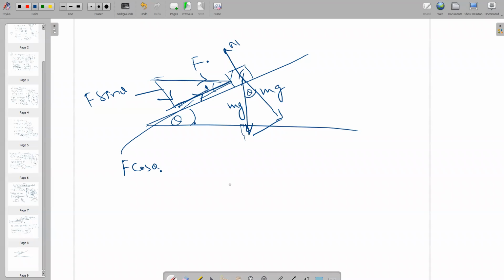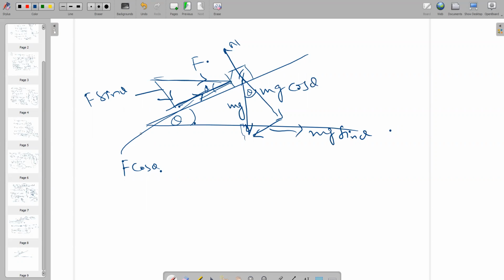So this is mg cos theta. And this body always tries to move down, so the direction of this component will be this one, mg sin theta. Now everything is clear.